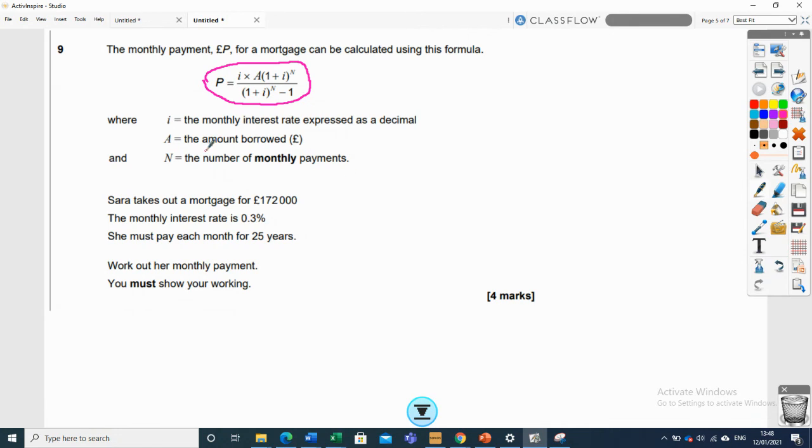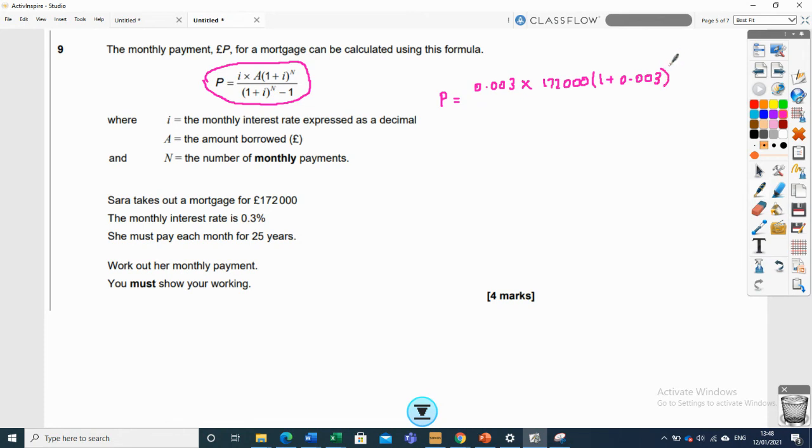So A is the amount borrowed. P is the monthly payment. So we can substitute all the values we've got into here. So we know I is 0.3%. We need to write that as a decimal, so 0.003. We're going to times that by the amount borrowed. And then in brackets, 1 plus I, all to the power of n.